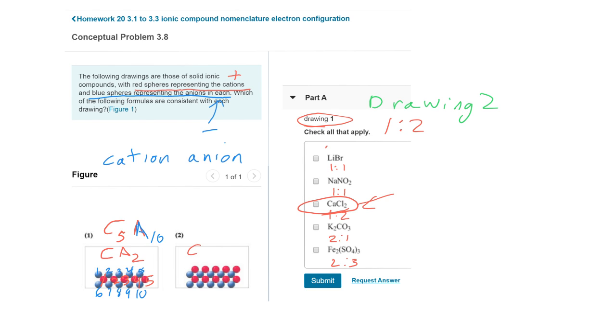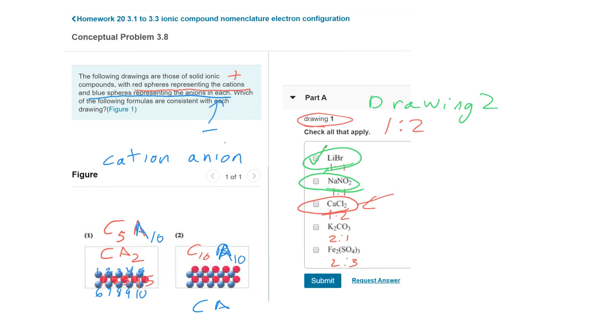So we've got 10 cations. And then we count our anions, and we have 10. So here we're looking at a 1-to-1 ratio. Who's got a 1-to-1 ratio? Well, there's a 1-to-1 ratio, so that's going to apply to picture 2.